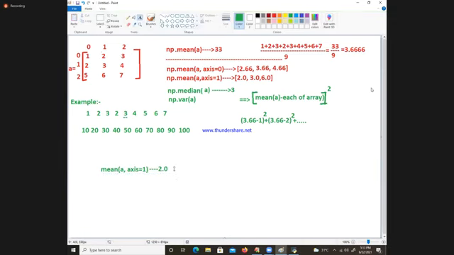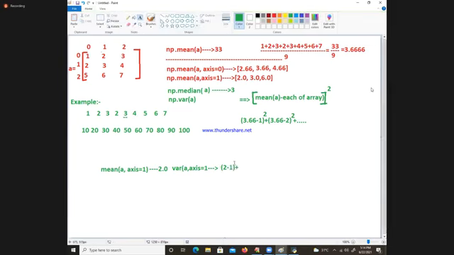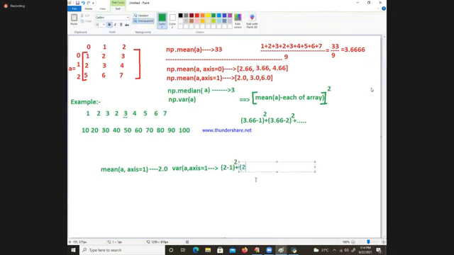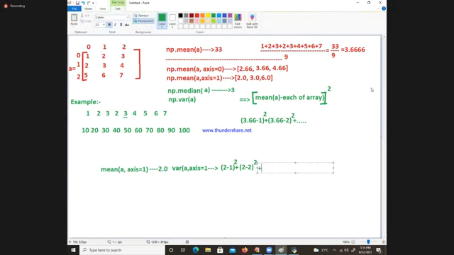One minute. Here I will do variance of A, comma, axis is equal to 1, which is going to give the result as, tell me, 2 minus 1 whole square, plus 2 minus 2 whole square, plus 3 minus 2 whole square.